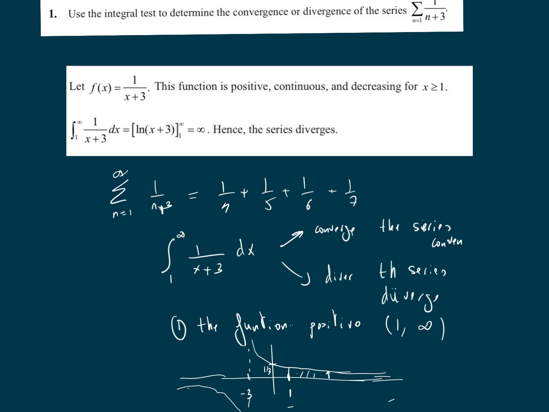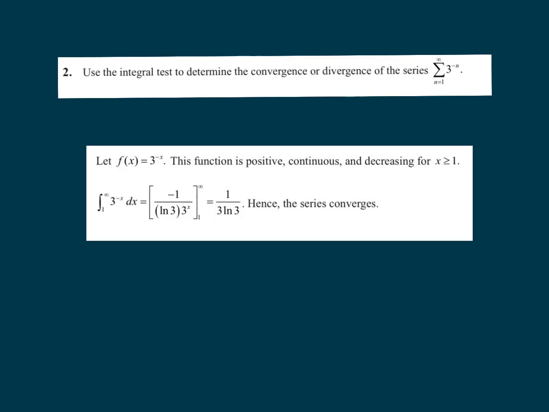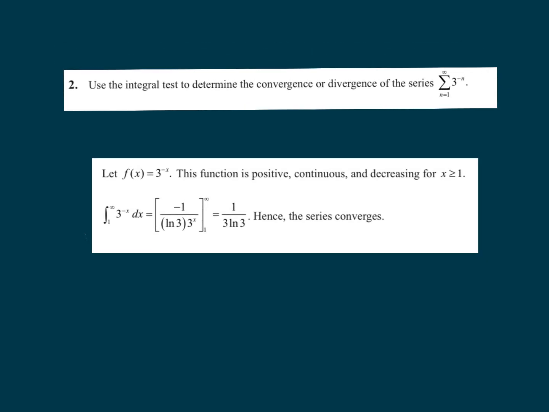Let's go to the next problem. This problem says use the integral test to determine the convergence or divergence of this series. The series is the summation from n equals 0 to infinity of 3 to the minus n, or 1 divided by 3 to the n.